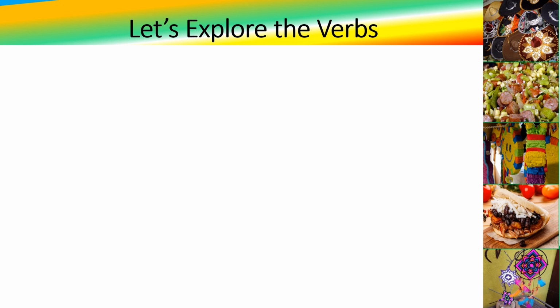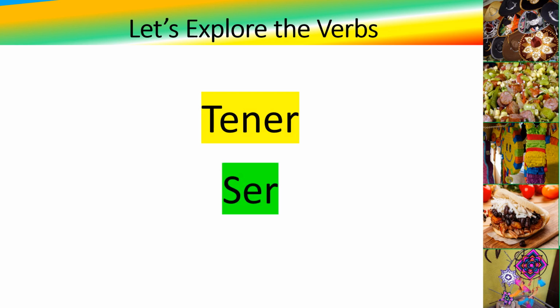So we are now going to delve into tener, ser, and estar. So the first thing we're going to look at is how to conjugate these verbs before we look at their usage. And we are going to be focusing on 3 tenses. So we're looking at the present tense, preterite and imperfect tenses. All right? A continuar.